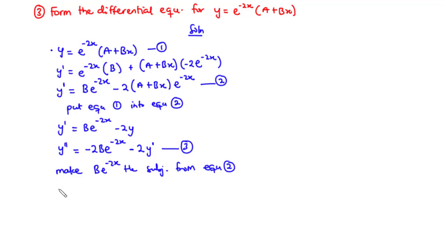So that would be y prime, we transpose this to the left hand side, plus 2 into bracket (a plus bx) times e to the power negative 2x, that's equal to b times e to the power negative 2x. So we call this equation 4.